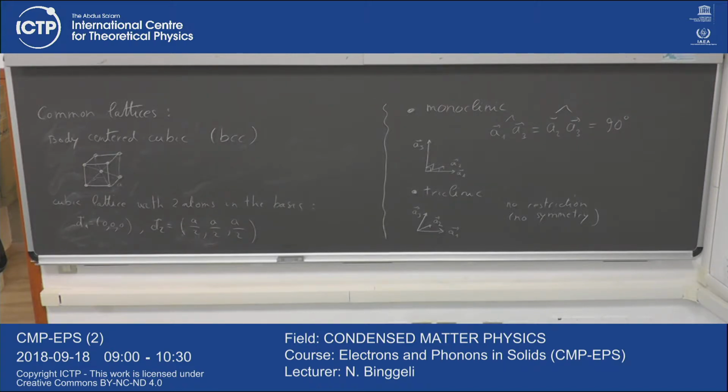Can one find 3 vectors, A1, A2, and A3, that give rise to the full points of this lattice by n1 A1 plus n2 A2 plus n3 A3? Yes, it is also a Bravais lattice.